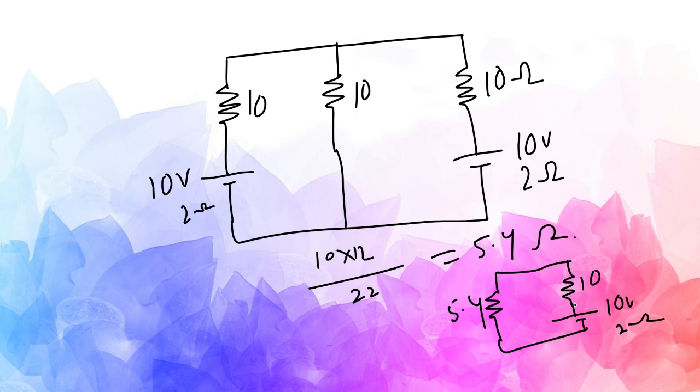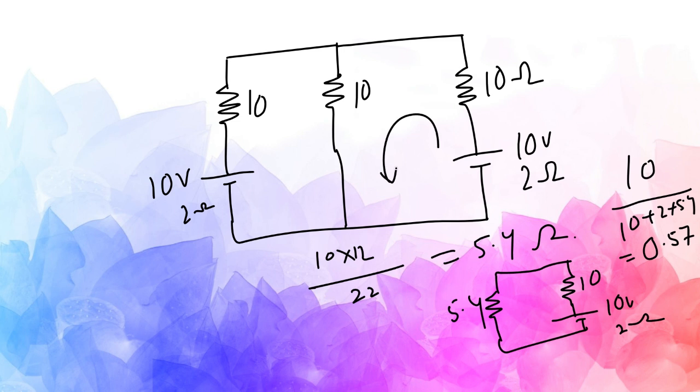The current is going to be 10 by 10 plus 2 plus 5.4, so it becomes 10 by 17.4, which is 0.57, and the direction of the current would be from this side to that side.